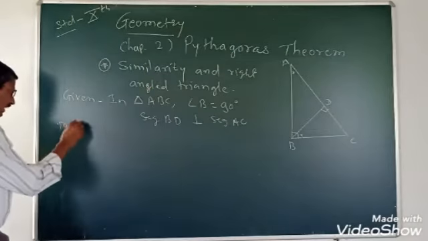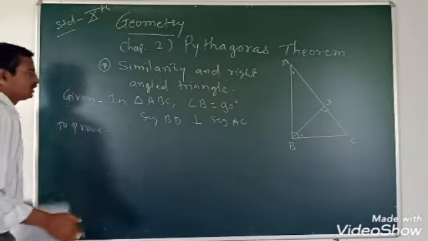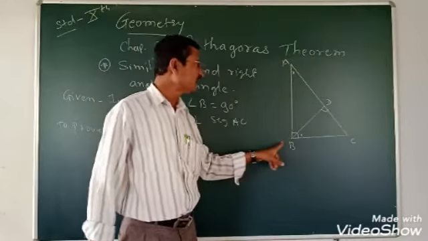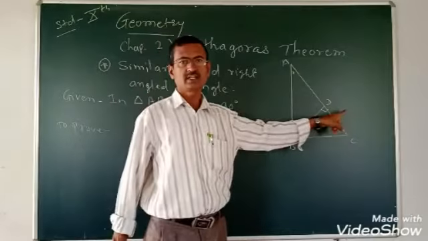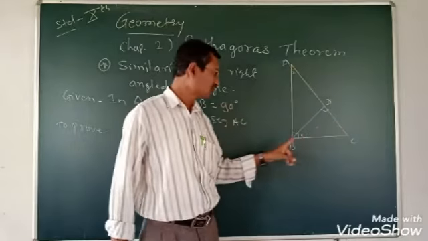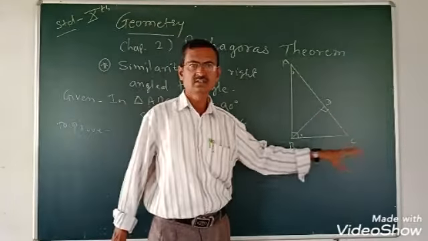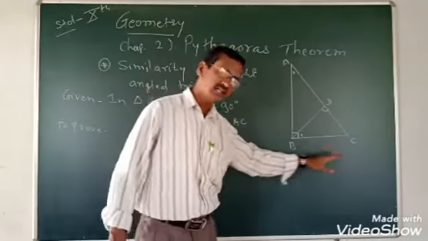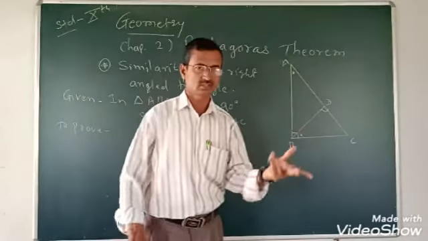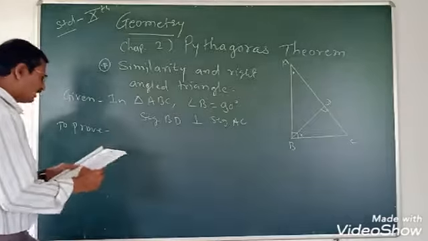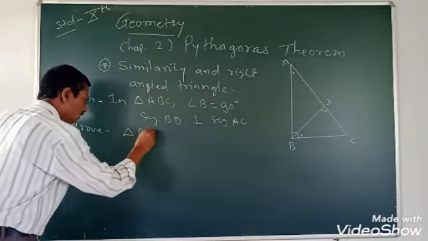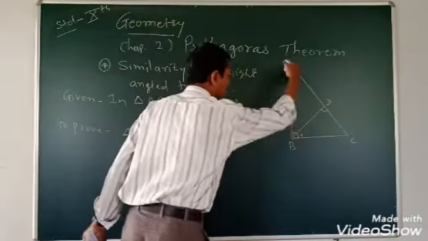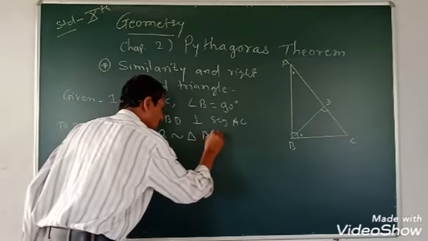Now what do we have to prove? We have to prove that the two triangles formed, triangle ADB formed because of this altitude drawn on this hypotenuse, and again one triangle formed, BDC, are similar to the original triangle and to each other also. Means triangle ADB is similar to triangle ABC, the original triangle.